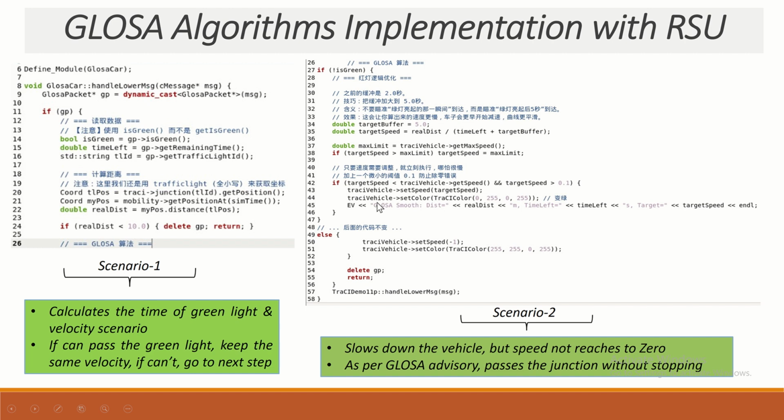This is the formula we use, which gives us the optimal speed for the vehicle to maintain. If the target speed is feasible and above a minimum threshold, the car automatically adjusts its speed.